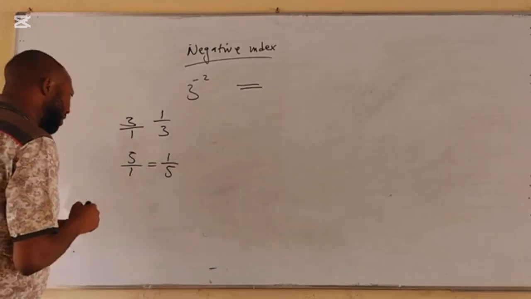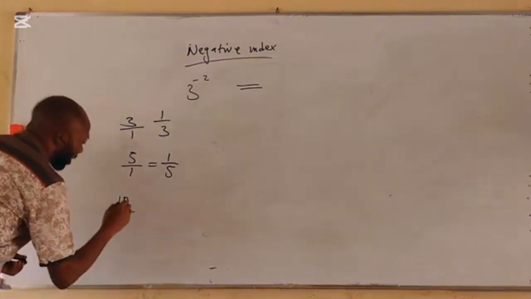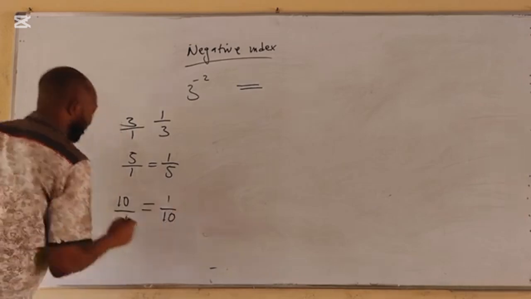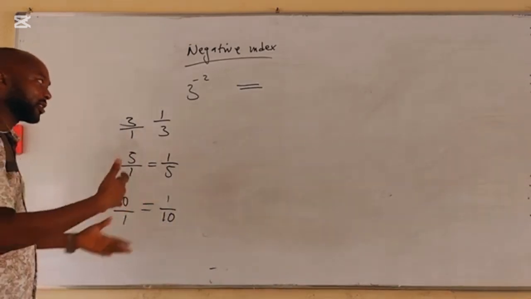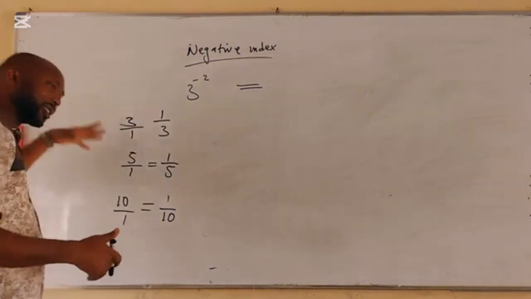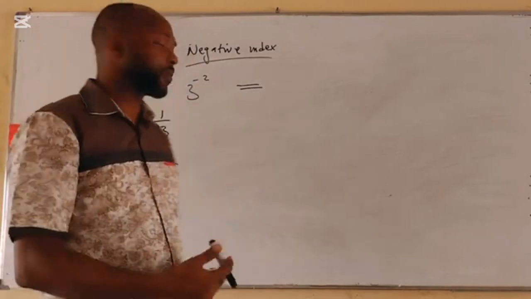Because I know that this number 10 is the same thing as 10 over 1. The reciprocal of 10 is 1 over 10. So you must begin to see these numbers in a different dimension to understand that there is a 1 down there. It's divided by 1 and gives you the same thing.